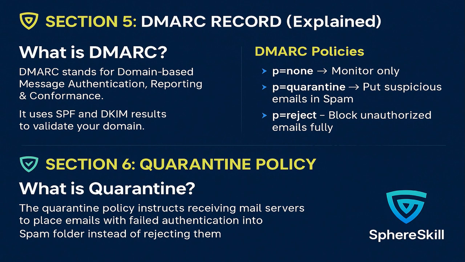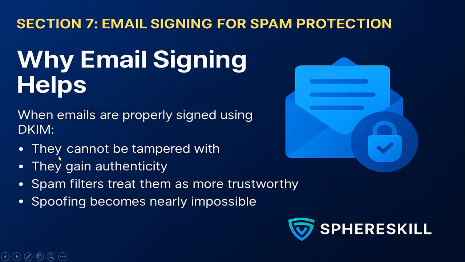You are instructing the recipient server to reject them, according to a percentage here. On what percentage should it be rejected? For example, if in a day you are sending 1,000 emails from your domain, you can say 10 percent can be rejected, so 10 emails will be rejected. The remaining ones will be sent to quarantine, which can be configured in the policies. So this is what DMARC does.